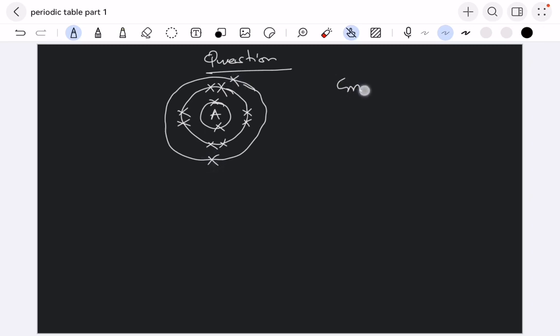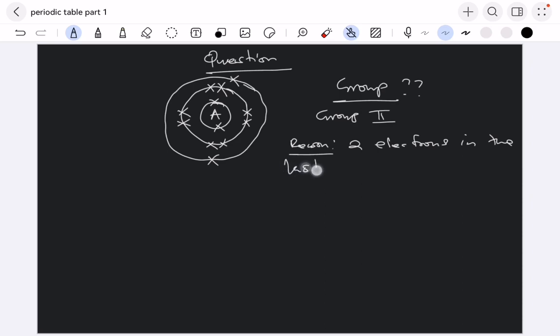They can ask us, to which group does this element belong? And what is the reason? So I said, in terms of groups, it's just the number of electrons in the last shell. So this element belongs to group 2. Reason, because it has 2 electrons in the last shell.